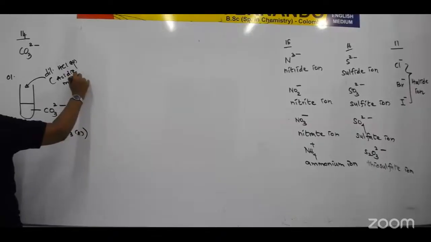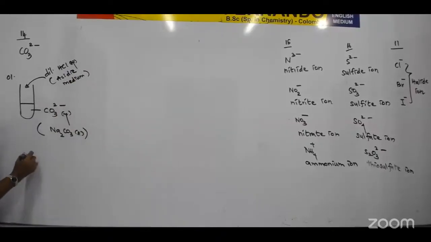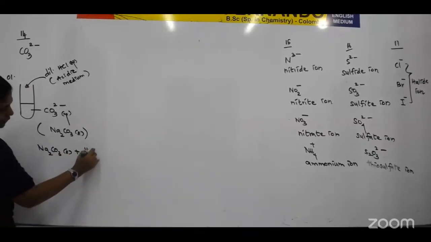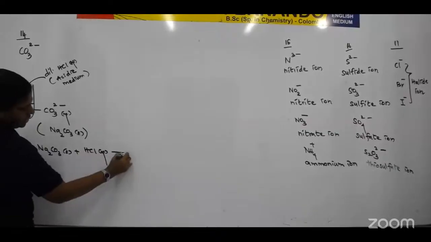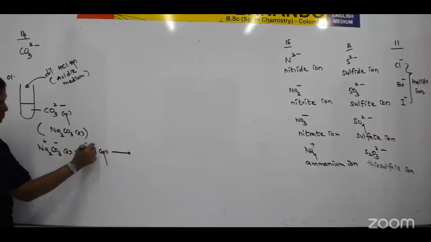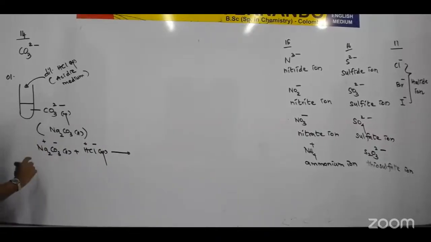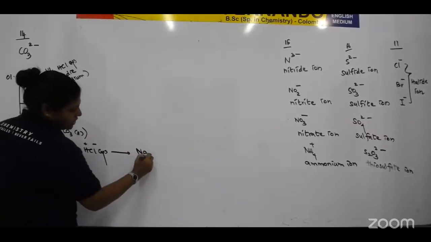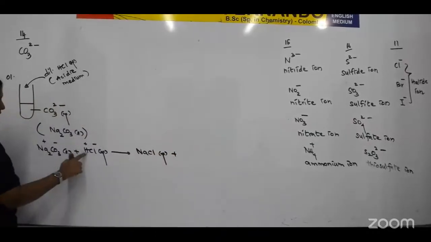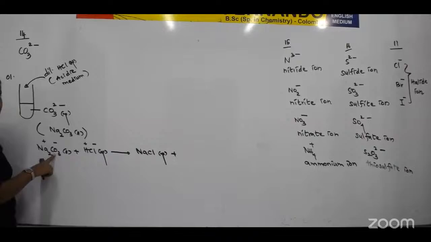In the acidic medium, what happens? Solid sodium carbonate reacts with HCl. Double displacement, plus minus, plus minus, ion exchange, giving sodium chloride and carbonic acid, H2CO3.